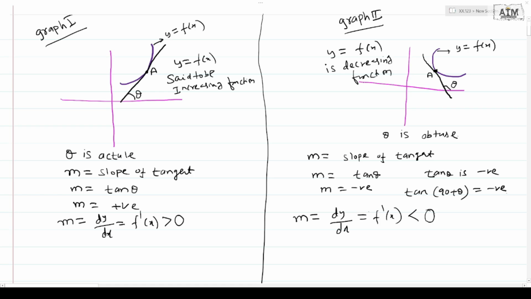So what is the condition? The important condition for an increasing function is dy by dx greater than 0. And for a decreasing function, what is the condition? dy by dx less than 0.